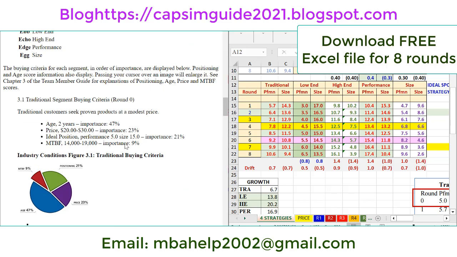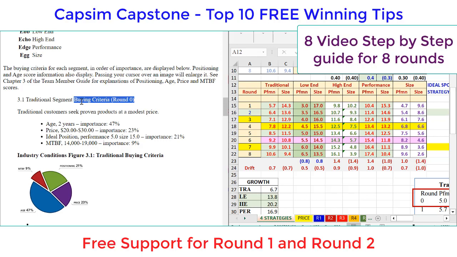Another important piece of information from the industry condition report is the buying criteria of customers. The buying criteria are very important when we set the pricing strategy. We need to know which segment's customers are the most price sensitive. For traditional, price is 23% of the buying criteria.